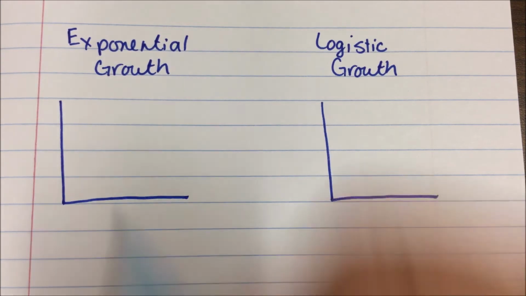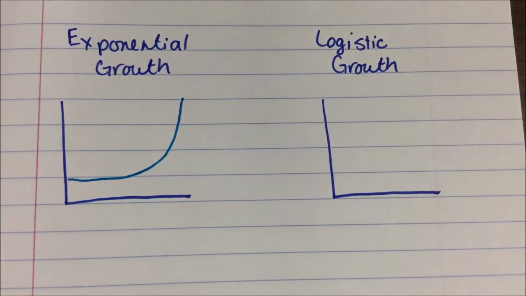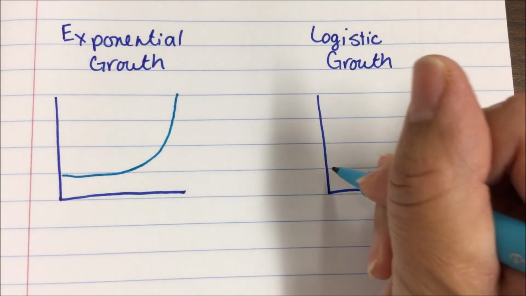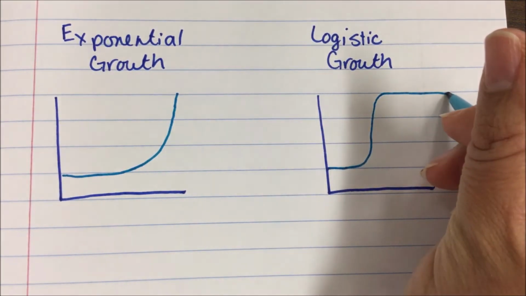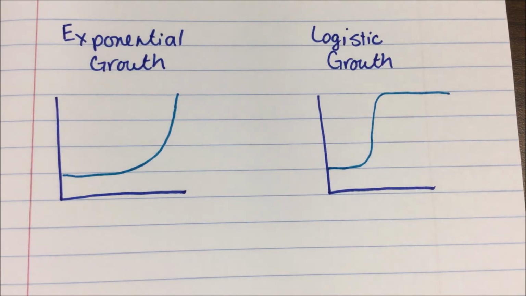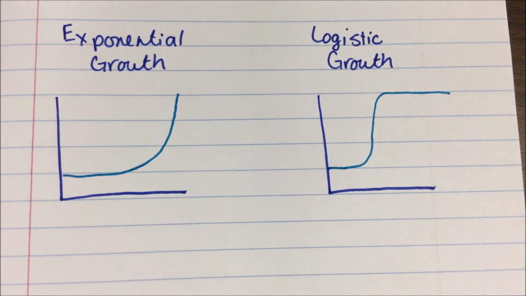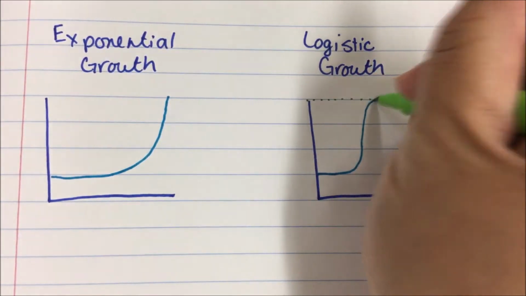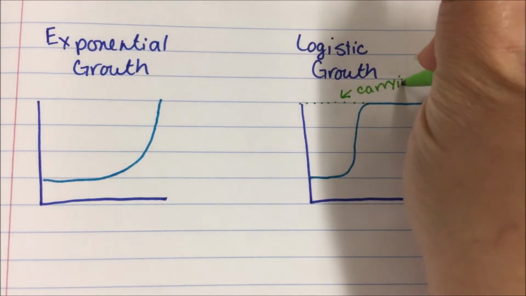I might have a steady population, and all of a sudden it's going to shoot up. That's exponential growth. Logistic growth is going to be steady, then an increase, and then steady again. With exponential growth, the population is just continually growing. For my logistic growth, I have a cap right here, and that cap is called the carrying capacity.